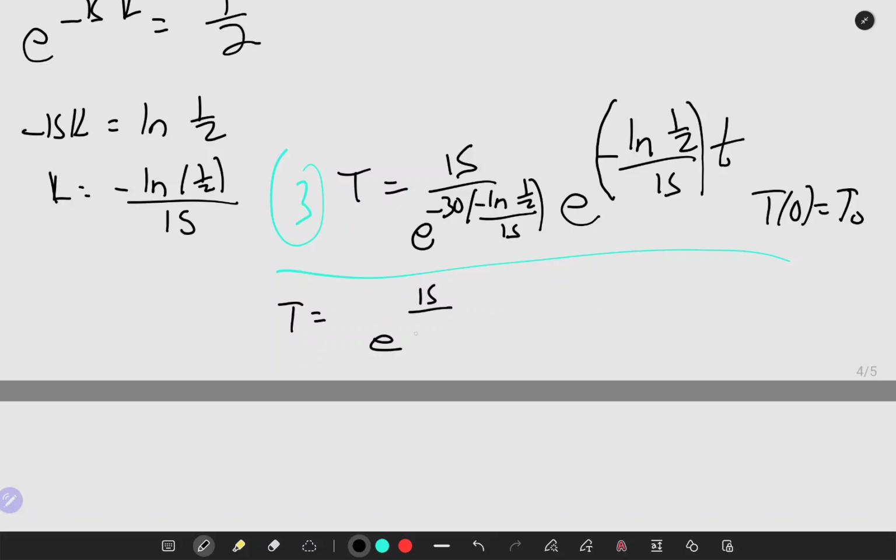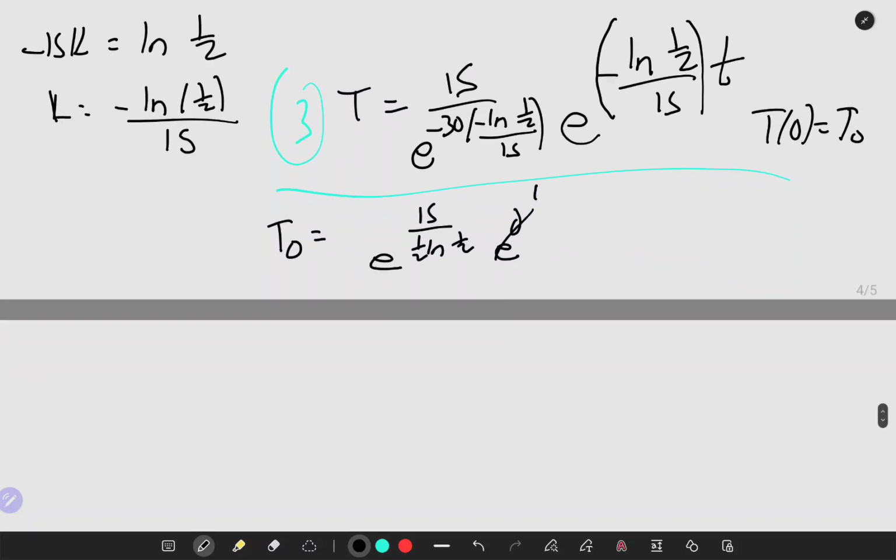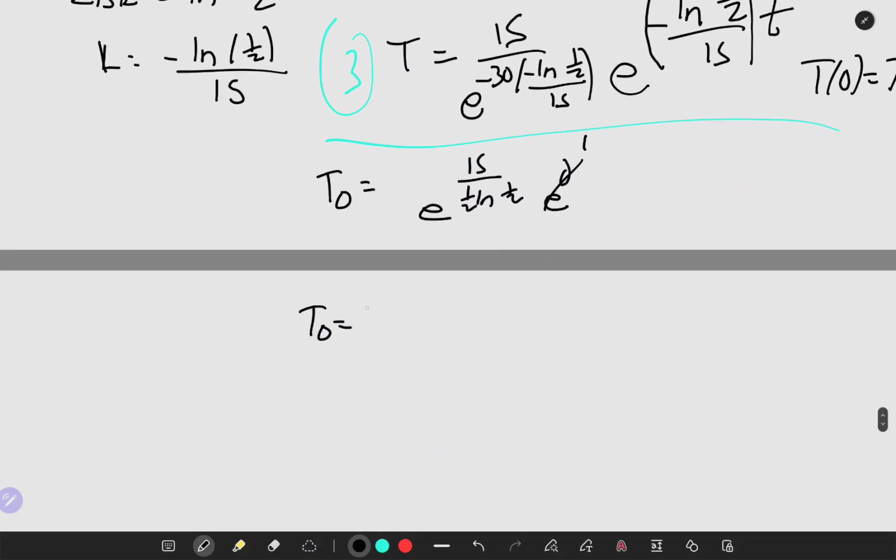So then that's just 1/2 ln of 1/2, times. Okay, let me plug in my condition here. So that's T naught is equal to e to the 0, which is 1. So then we're left with T naught is equal to 15. So this is our answer right here, actually.